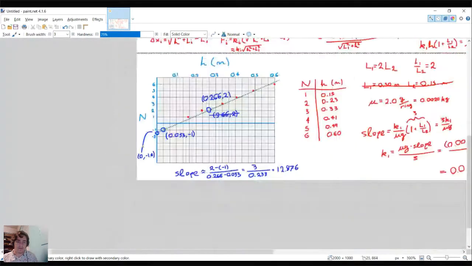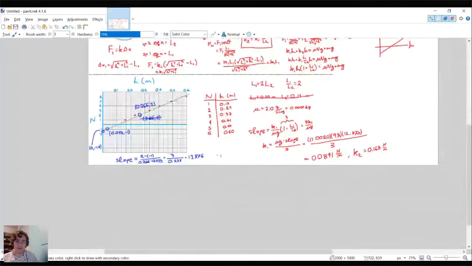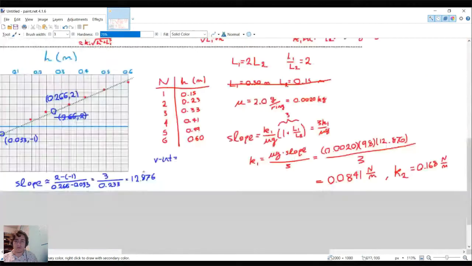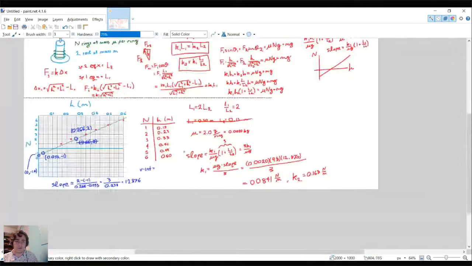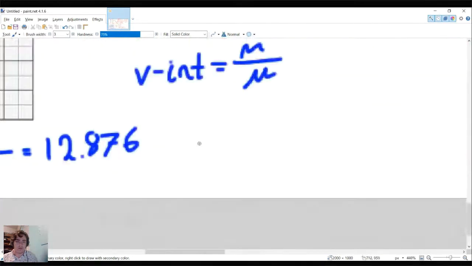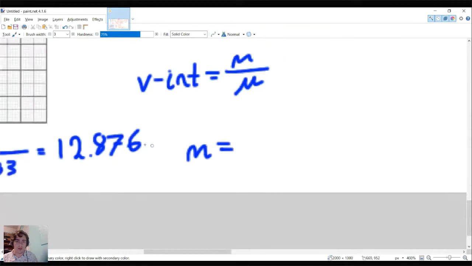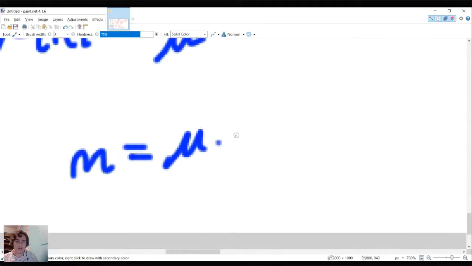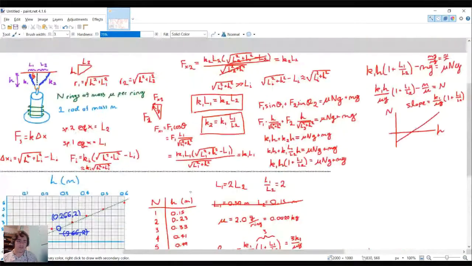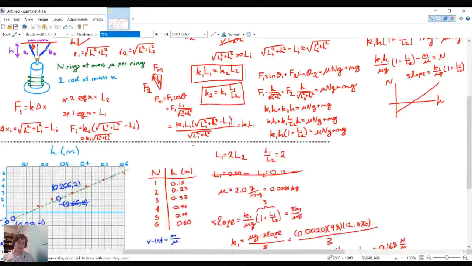So we established earlier that the vertical intercept was equal to, what is it again? It is m over mu. So we have m is equal to mu times the intercept, which is, we're going to keep it in grams, because it's bad to express this kind of stuff in kilograms when it's already a small mass.